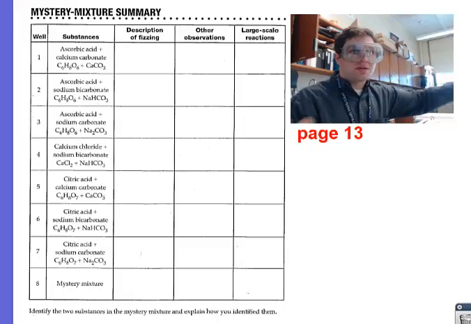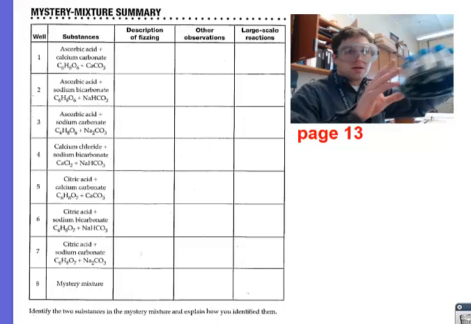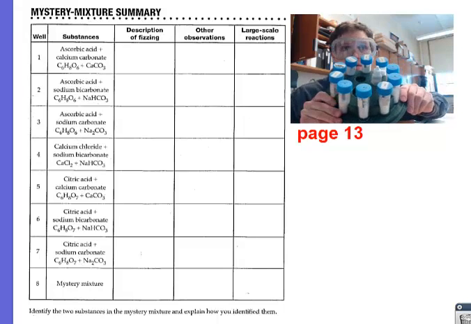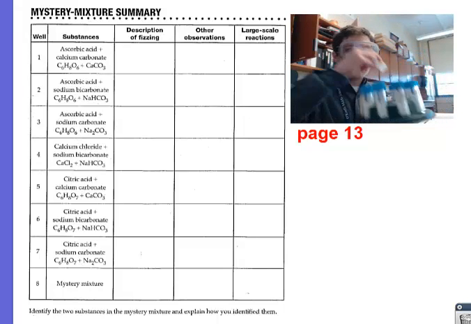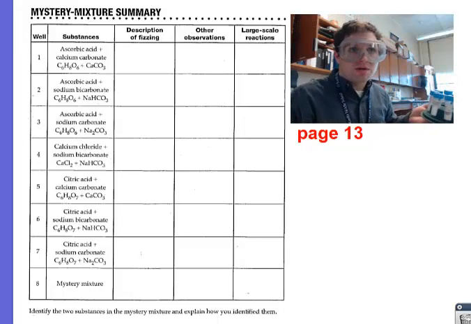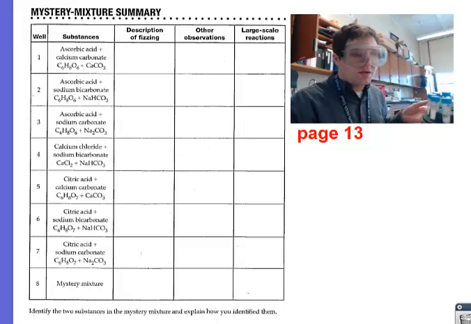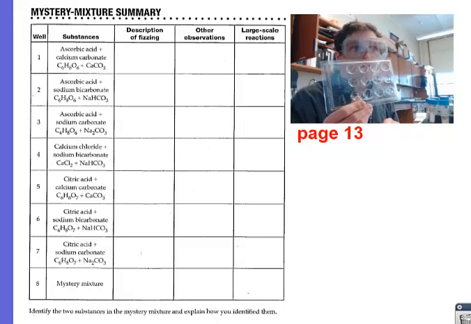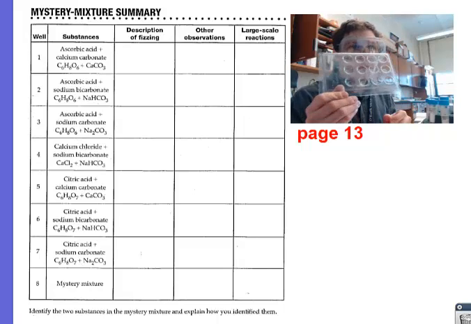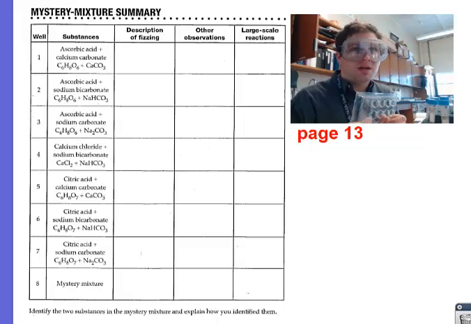Using the same materials as yesterday, which include your well tray, your carousel of substances, and your water dropper, we want you to do 7 more experiments today where the recipe for substances is given to you on your data table. We'd like you to make all 7 of these reactions occur in your well tray, including just the mystery mixture.